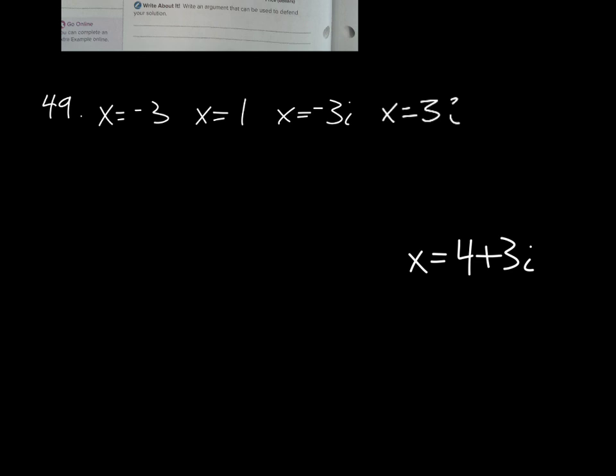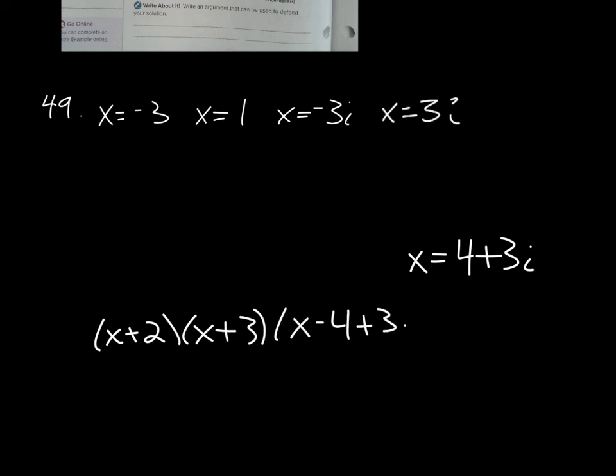Okay. And then you just subtract everything over, subtract/add them all over to set equal to 0. So then x plus 2, x plus 3, x minus 4 plus 3i, x minus 4 minus 3i. Is that okay?